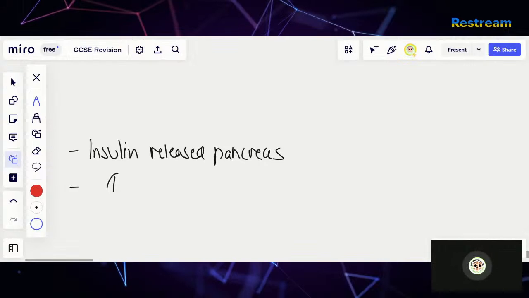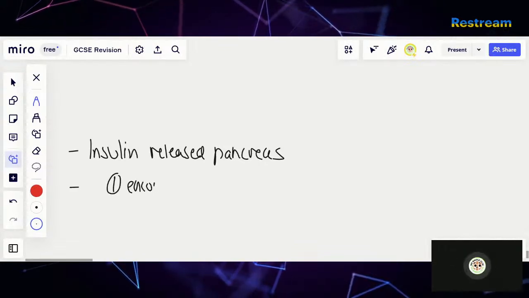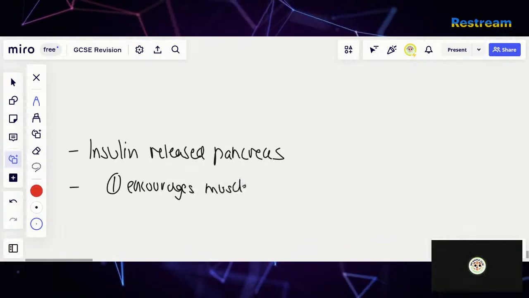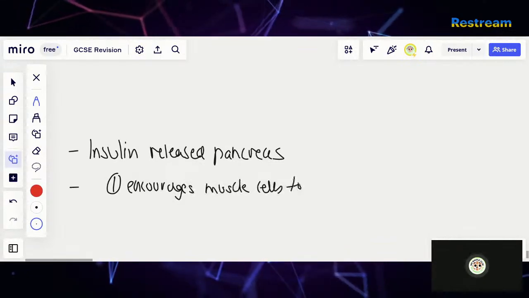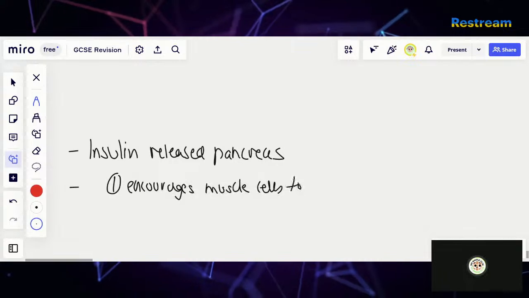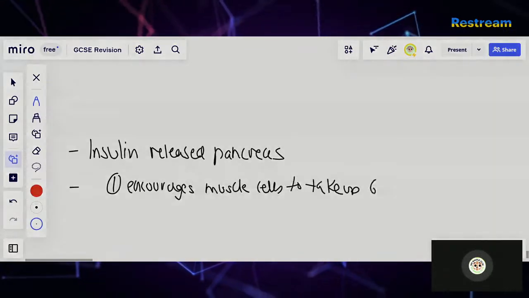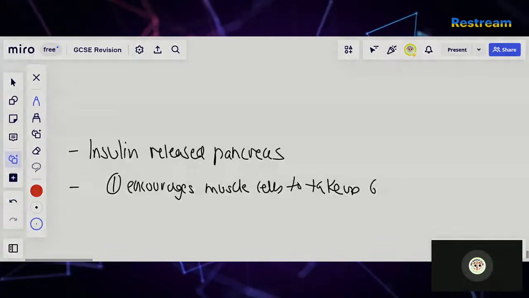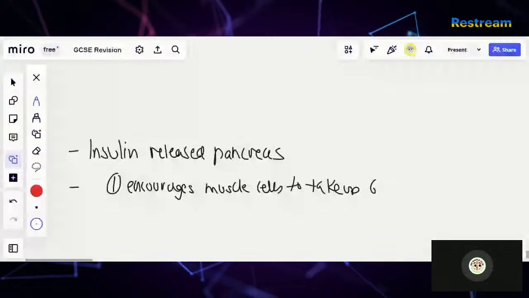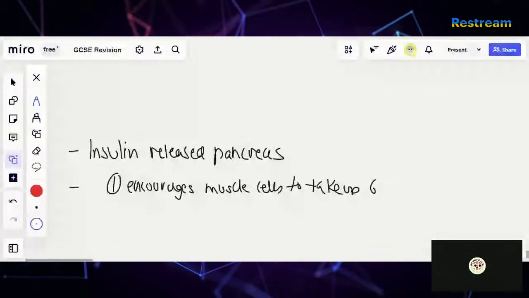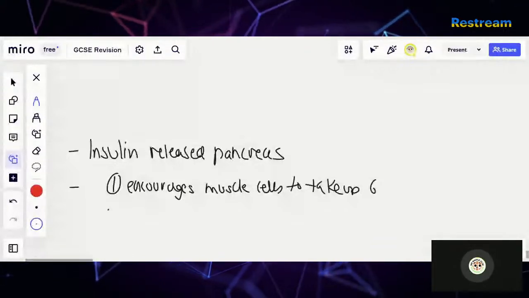The first effect of insulin is that it encourages muscle cells to take up more glucose. So it encourages the person to take up more glucose.